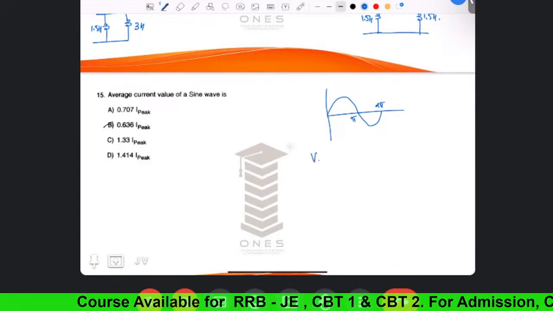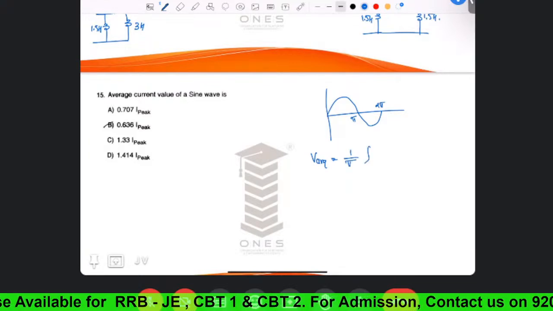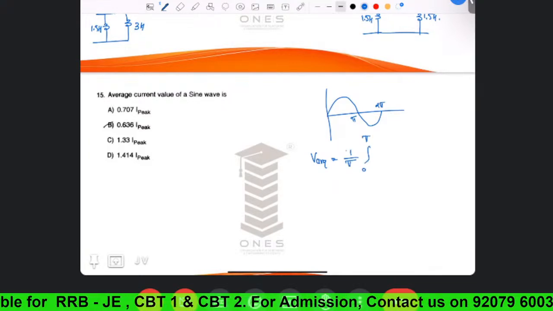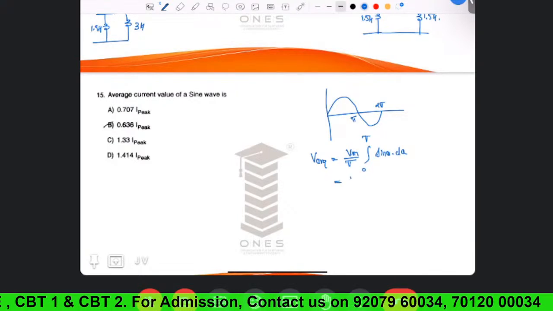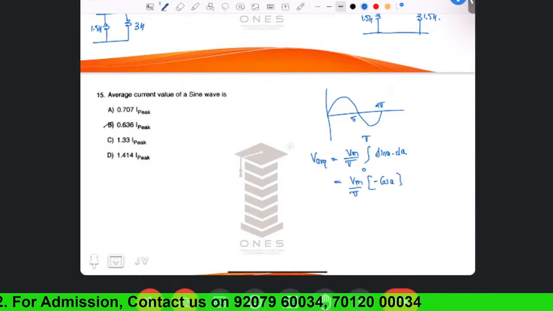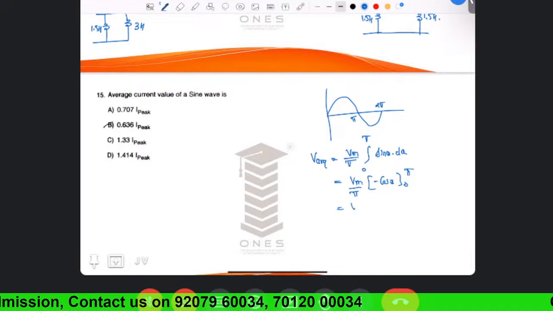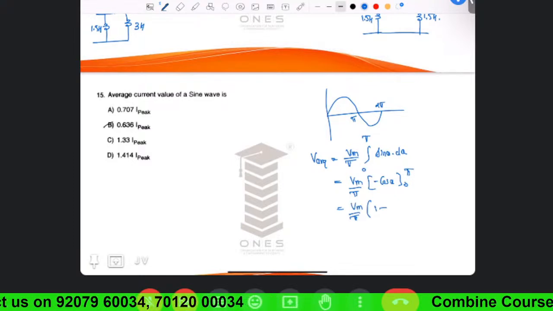So V average will be 1 by pi integral 0 to pi Vm sine theta d theta. So it will be Vm by pi, the integral of sine theta is minus cos theta, from 0 to pi. So Vm by pi, cos 0 is 1, minus cos pi is minus 1.